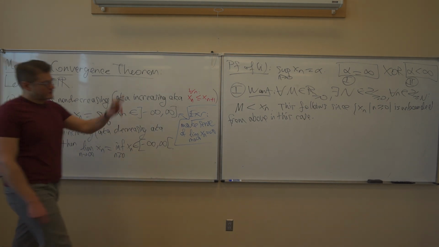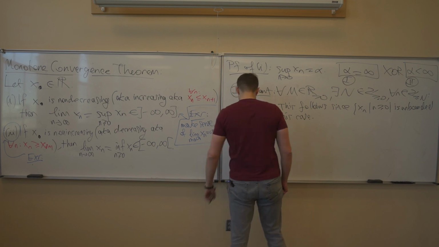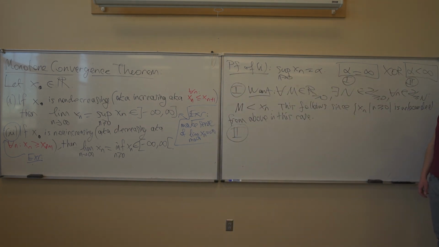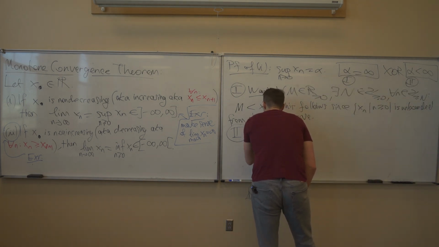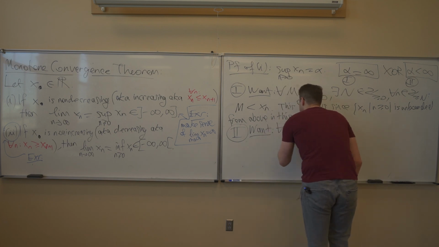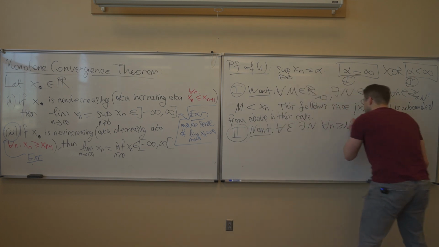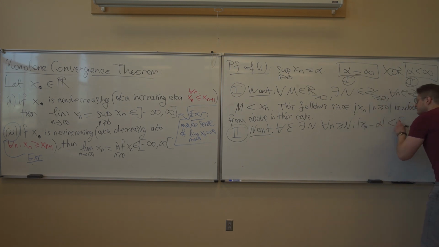The more important case is number 2. Now, what I want is the following. For any epsilon, there's an N such that for any n after capital N, the absolute value of x sub n minus alpha is bounded by epsilon.